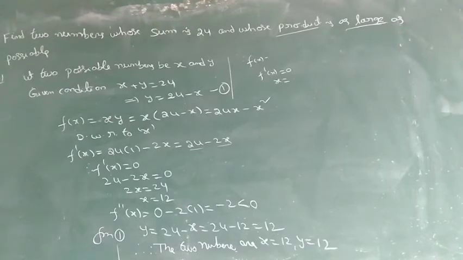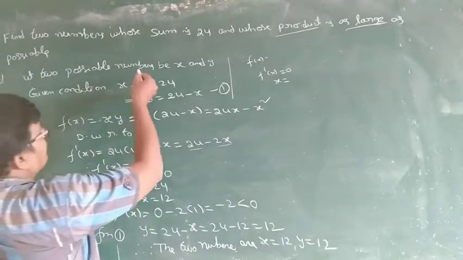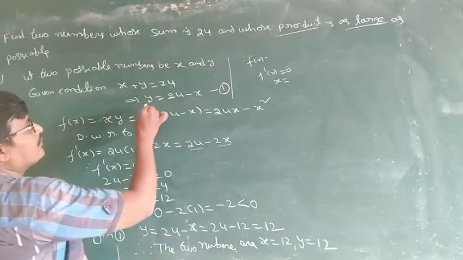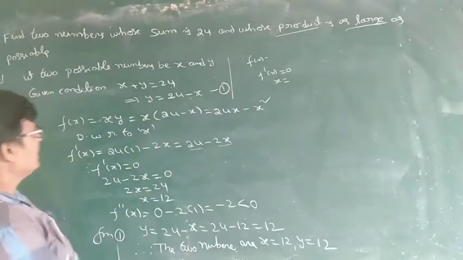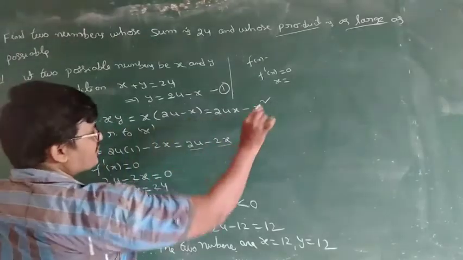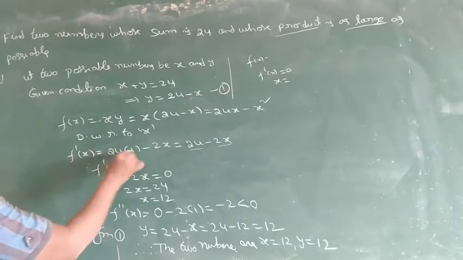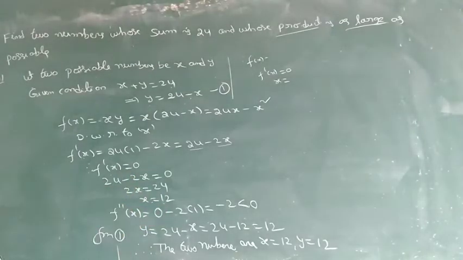This is the problem, very simple. First, two numbers, sum is given as 24. Find the y value, because f of x means the total function in terms of x. With respect to x, derivative equal to 0, find the x value. This is the second type of problem, where f of x is not given directly, so we have to take f of x.